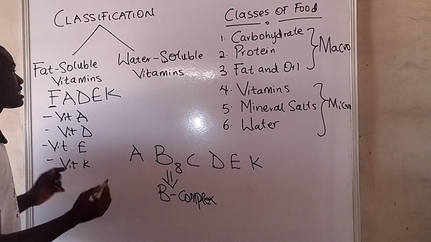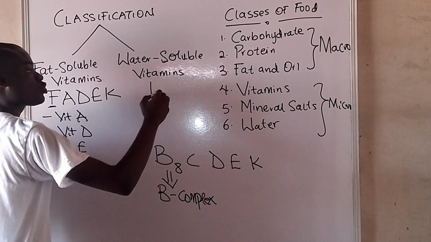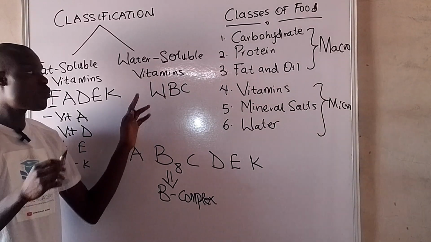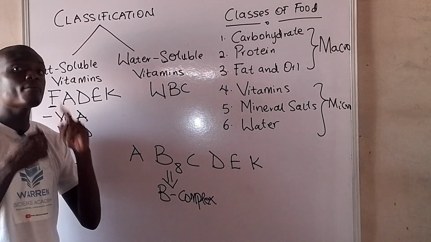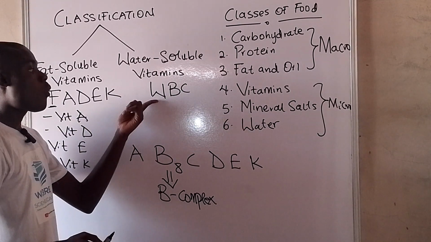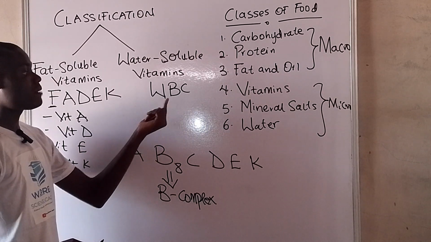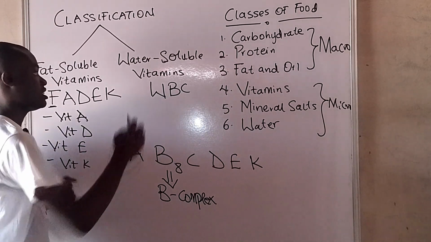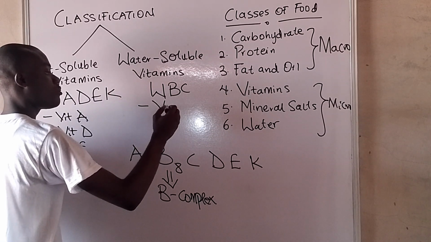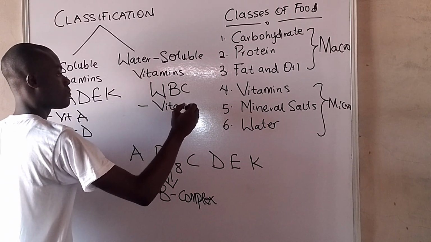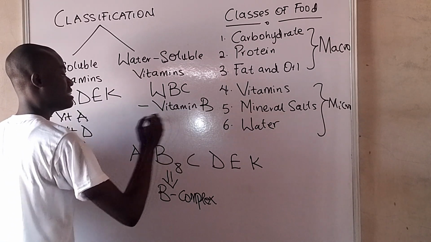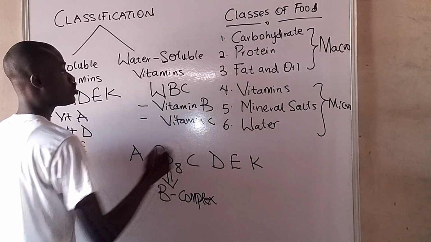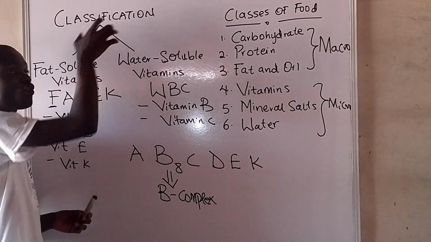For water-soluble vitamins, to easily remember, use the code called WBC. For me, WBC stands for white blood cell. So anytime I remember white blood cell, I remember that my water-soluble vitamins are vitamin B, your 8 vitamin B, and then vitamin C. So these are the classification of vitamins.